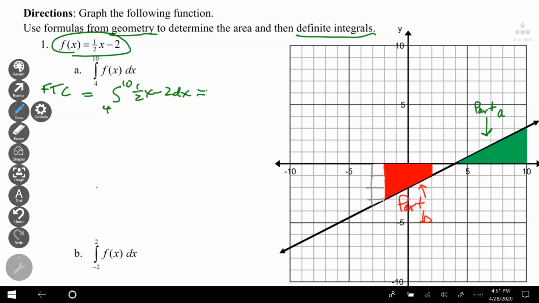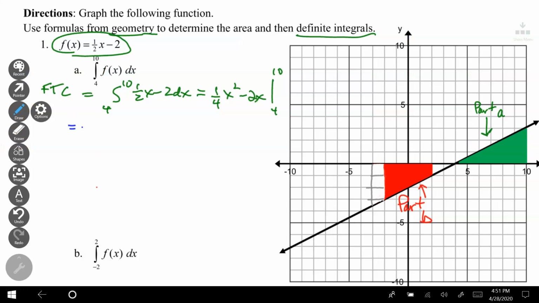Well, the antiderivative of this is, x becomes x squared, and this would be 1/4 x squared minus 2x, and then I'm going to plug in 4 and 10. So I'm going to plug in these numbers.